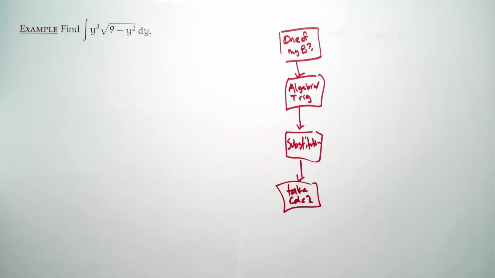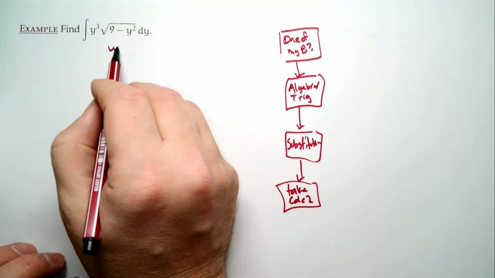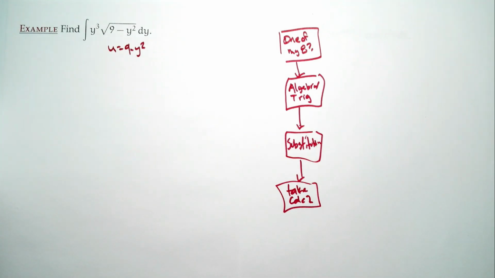The thing on the inside here is what's inside that square root. So the natural substitution for people to try is u equals 9 minus y squared. So let's actually try that. That should be a go-to substitution. You should always say, let me try something on the inside first. It may or may not succeed, but we try it.